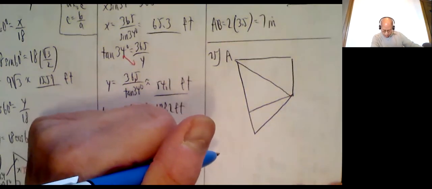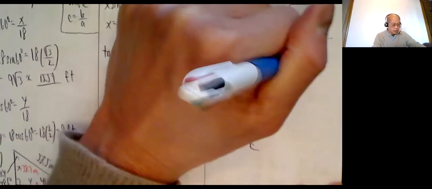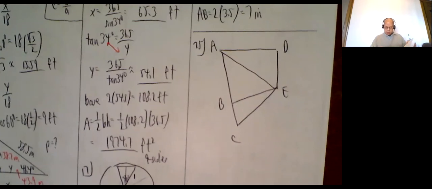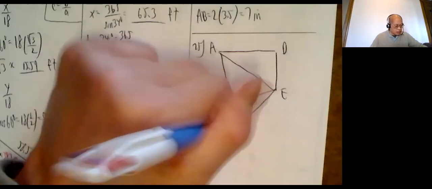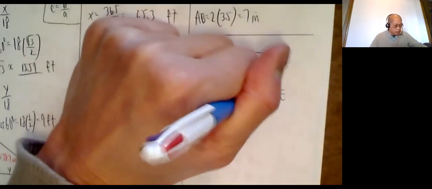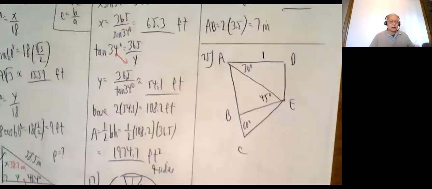A, B, C, D, E. 60 degrees, 45 degrees, 30 degrees. AD is 1.